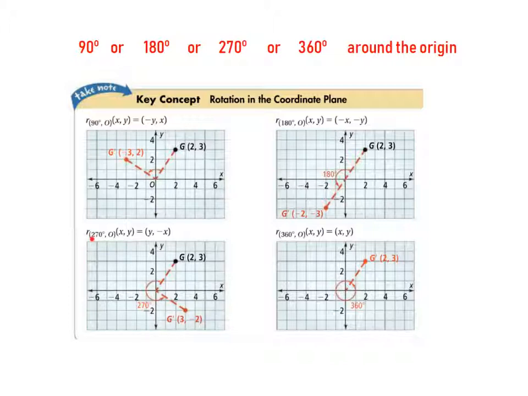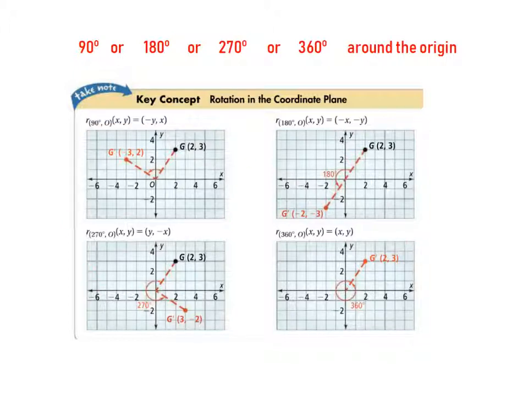When you do your 270, it's the other way around. The y directly becomes the x, but when the x becomes the y, you have to change its sign. So again, the y becomes directly the x, but when the x turns into the y, you have to change its sign.